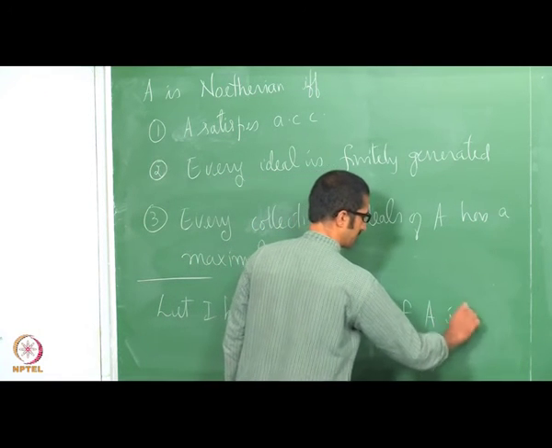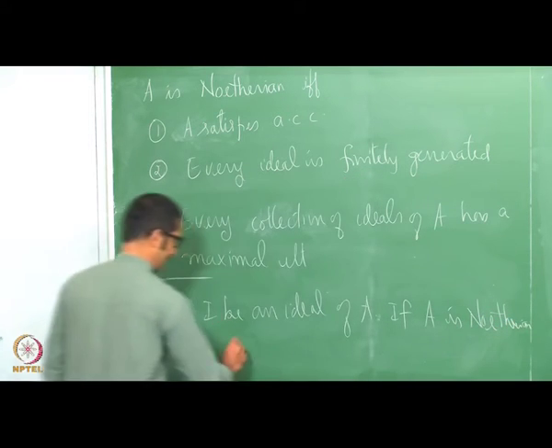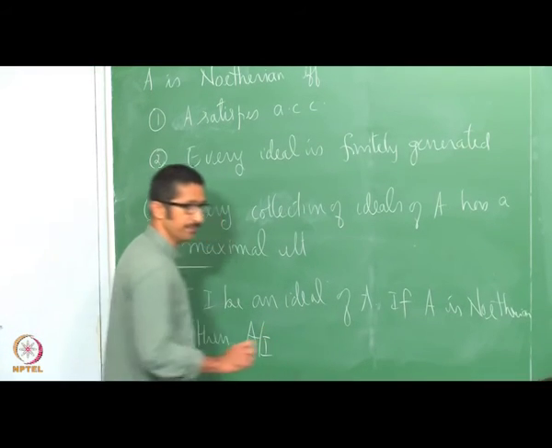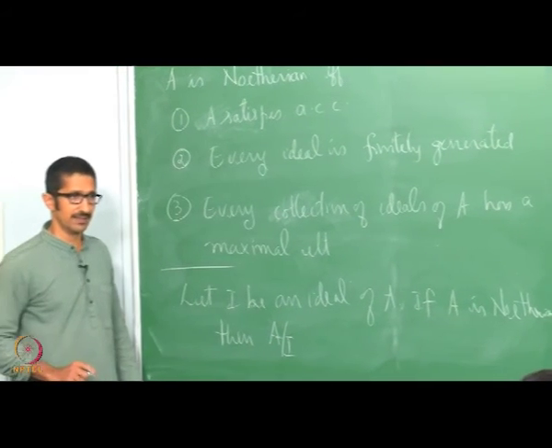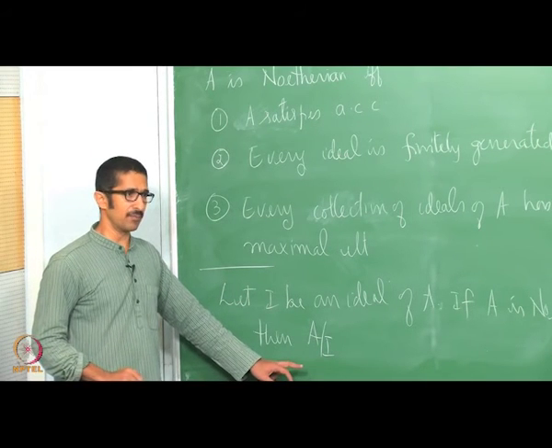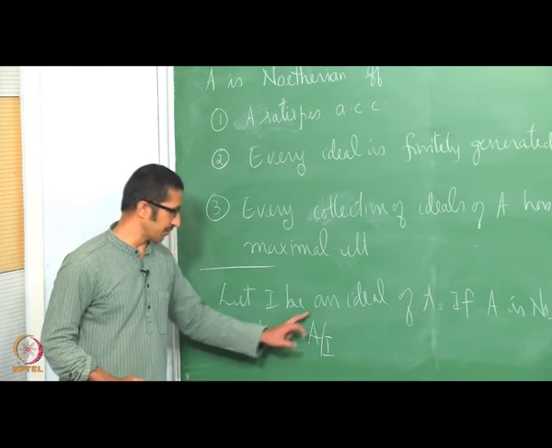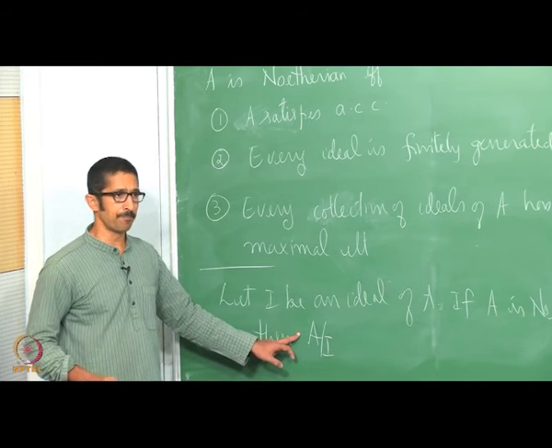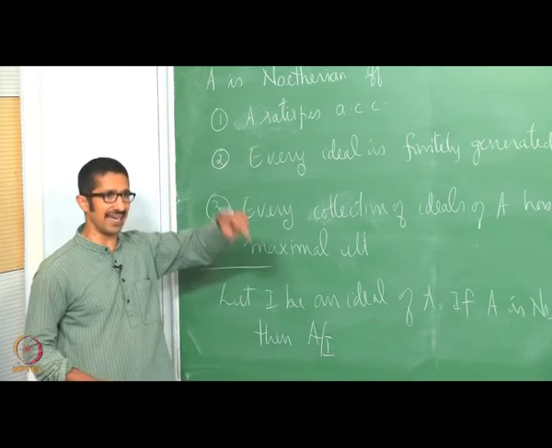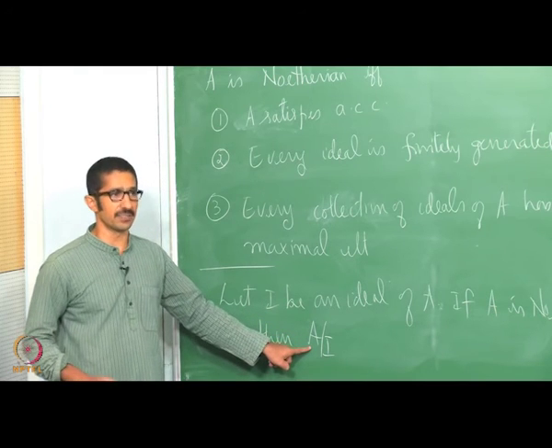If A is Noetherian, then what can you say about A mod I? A mod I will also be Noetherian, because every ideal of A mod I looks like some J mod I, where J is an ideal in A containing I, but J is finitely generated.